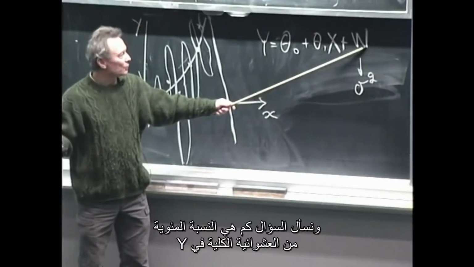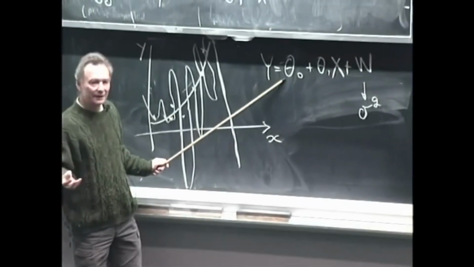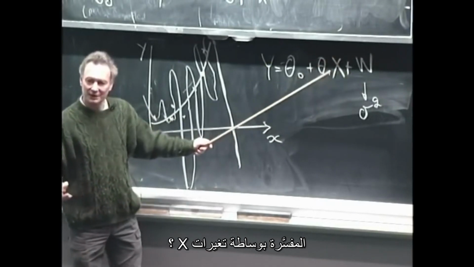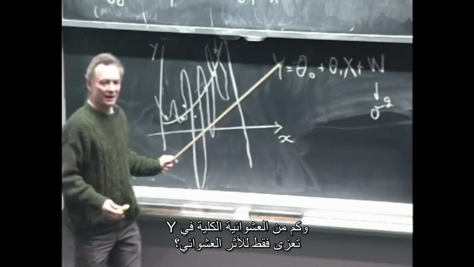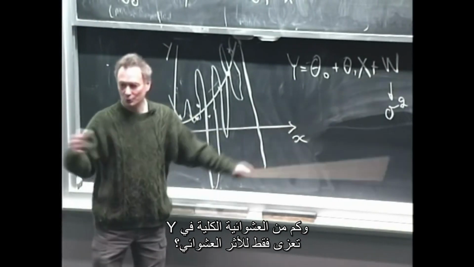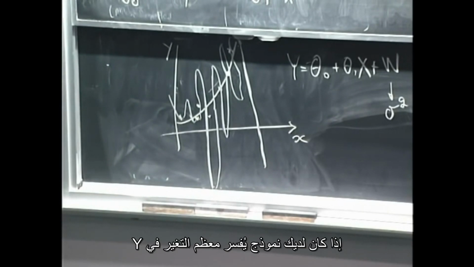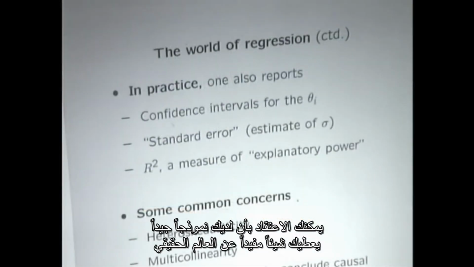And we ask the question, what percentage of the total randomness in y is explained by variations in the x parameter, and how much of the total randomness in y is attributed just to random effects. So if you have a model that explains most of the variation in y, then you can think that you have a good model that tells you something useful about the real world.